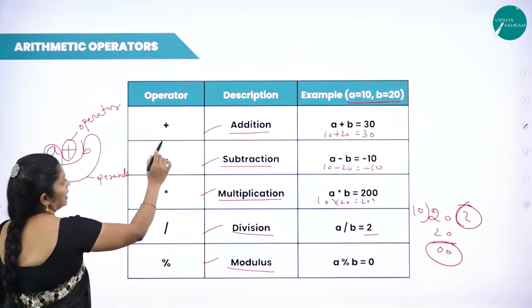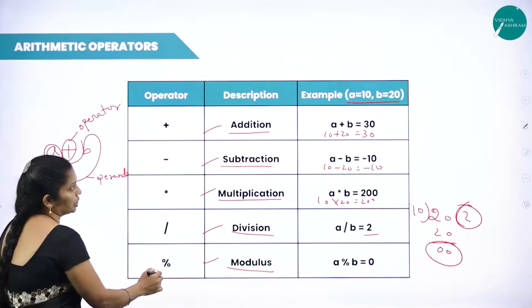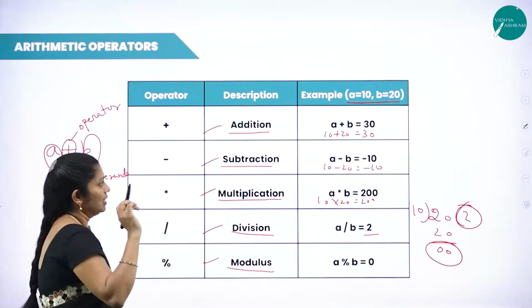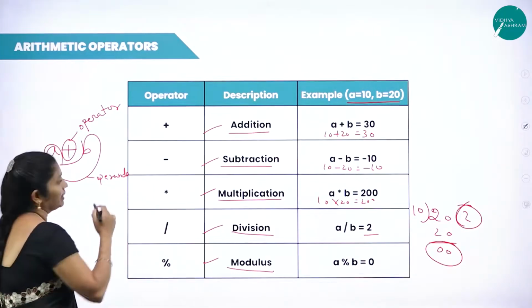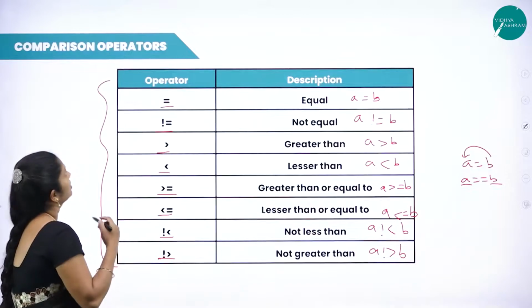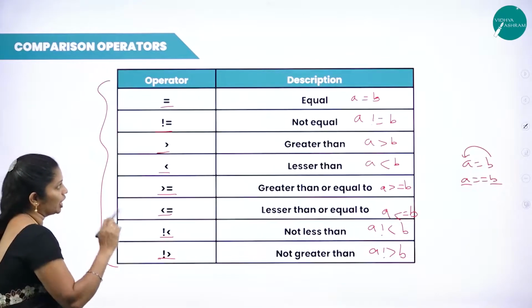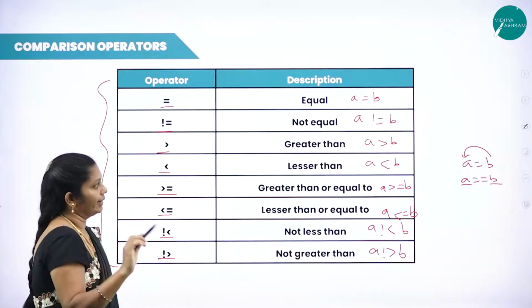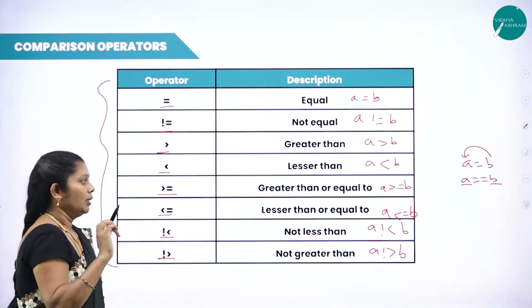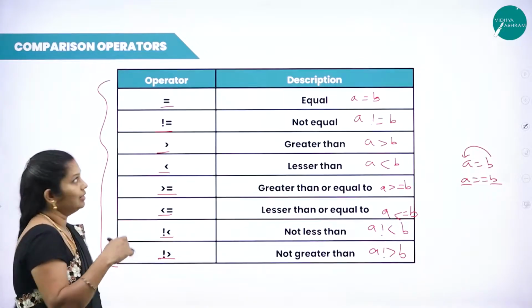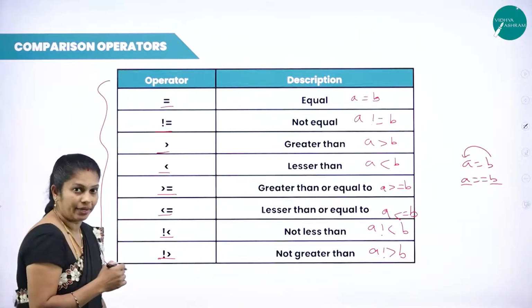Arithmetic operators are plus, minus, multiplication, division and mod, that is addition, subtraction, multiplication, division and mod. Next, comparison operators: equals to, not equals, greater than, less than, greater than or equals to, less than or equals to, not less than, not greater than.